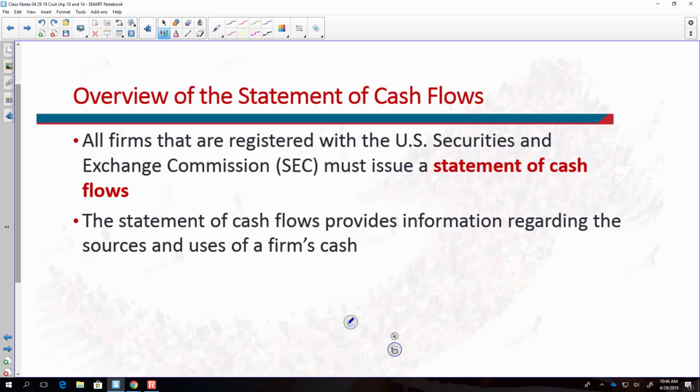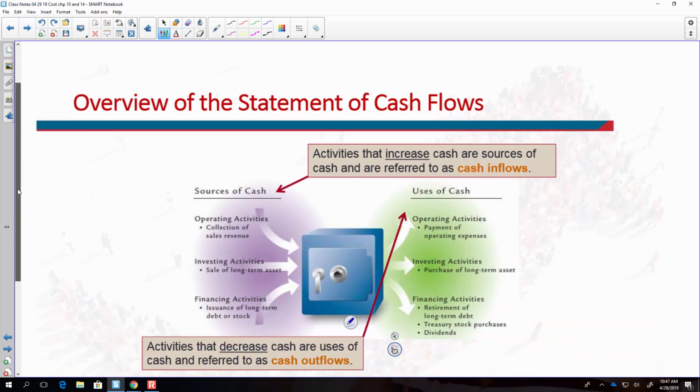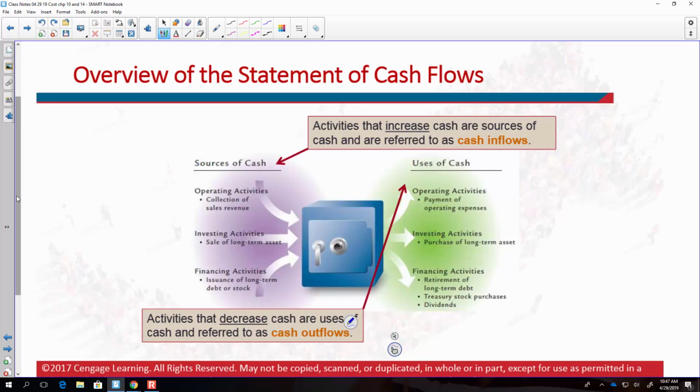So we do need a cash flow statement. Now, I know you guys have done these in accounting too. Have you done it in intermediate already? You're probably coming up to it. So we're going to do a very brief overview of it just to keep you in tune with it. Our main purpose here is to do the indirect method of computing our cash flow.